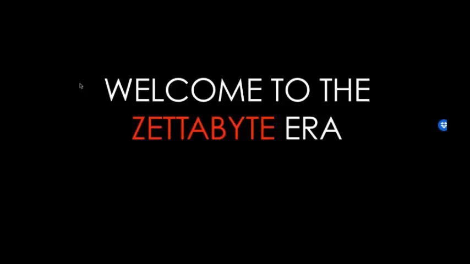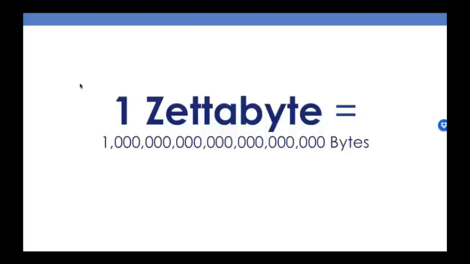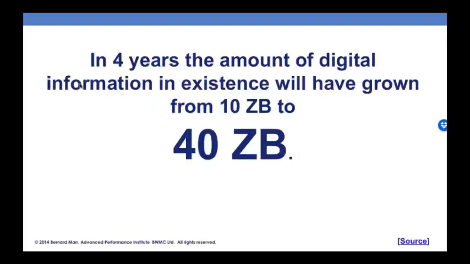For those that don't know what a zettabyte is, this is pretty much what it looks like. And to give it a little perspective, just think about if we put all the universal digital information in a box, it would be 10 zettabytes. Everything, 10 zettabytes. In 4 years, it is expected to become 40 zettabytes.